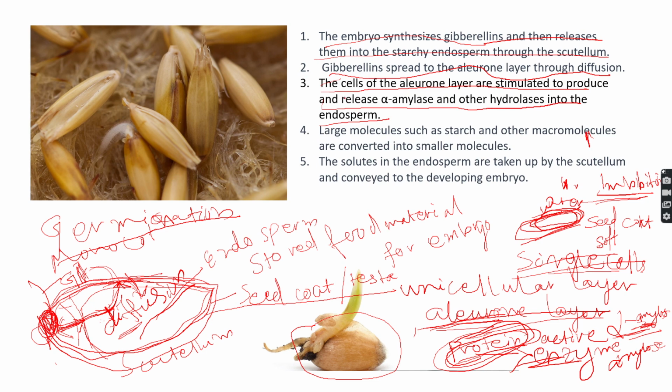So the cells of the aleurone layer are stimulated to produce and release alpha amylase and other hydrolase enzymes. Hydrolase enzymes are basically made for breakdown of complex biomolecules.